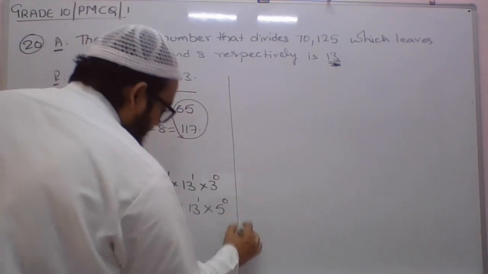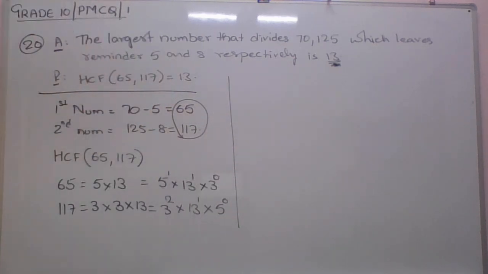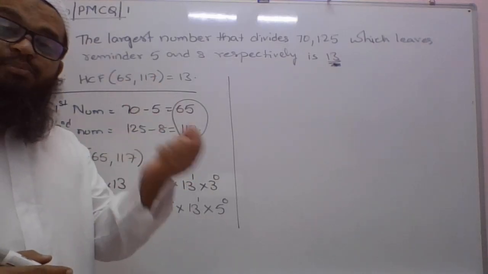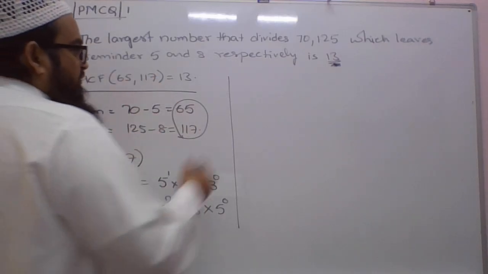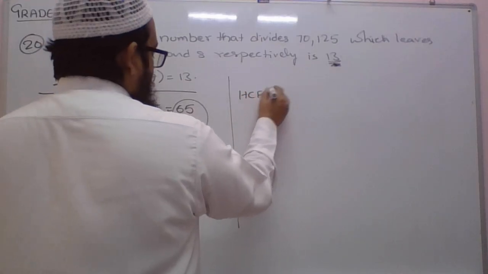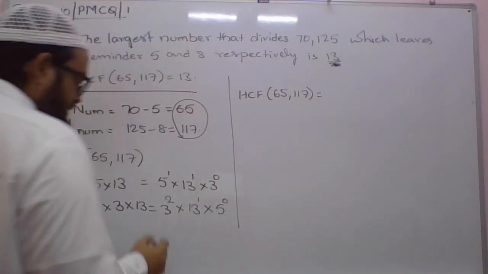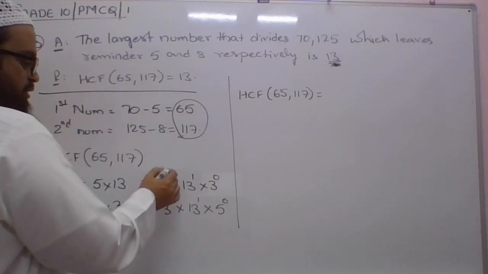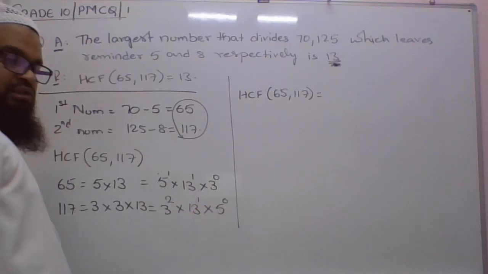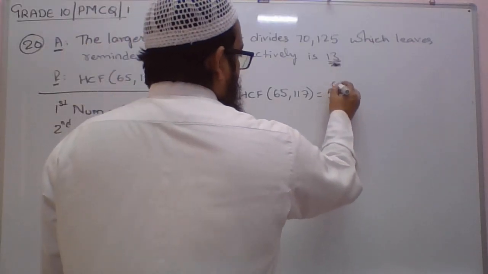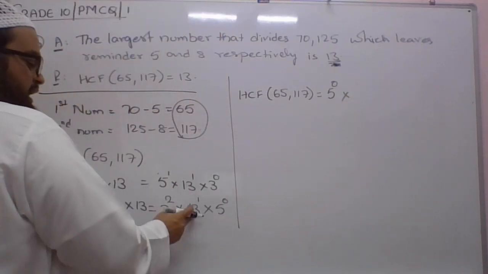And we have studied, if you remember, that if you are finding the highest common factor, you have to take the lowest power. So HCF of 65 and 117: let us take 5. You have 5 to the power of 1 and 5 to the power of 0, which is lowest? 5 to the power of 0 into 13 to the power of 1.